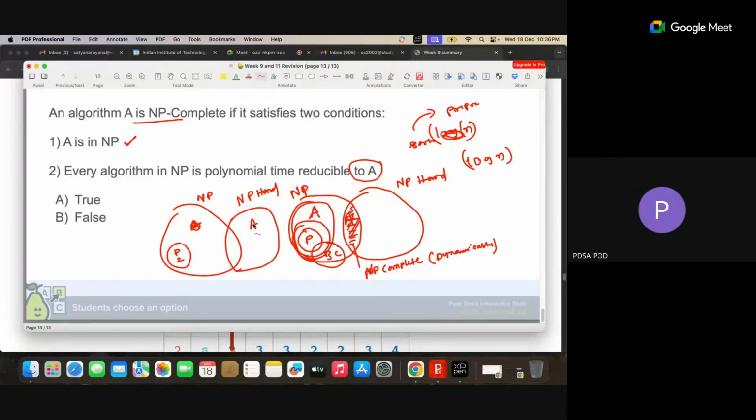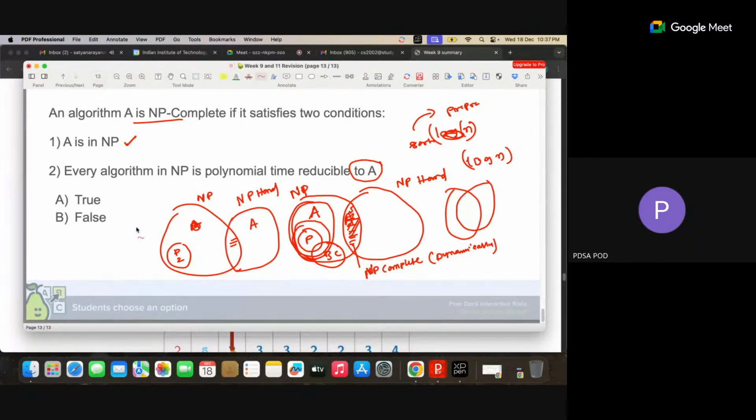Then what happens is, this A will come into this intersection area. Maybe the size of hardness is decreasing. Whenever the intersection is like this, maybe the hard part is joining most of the part here. Hard problems may be joined into NP. Yes, it happens.